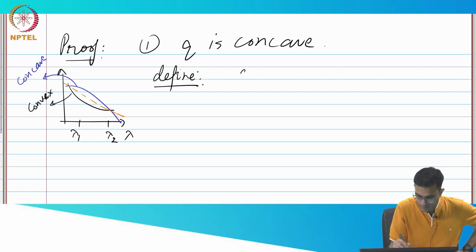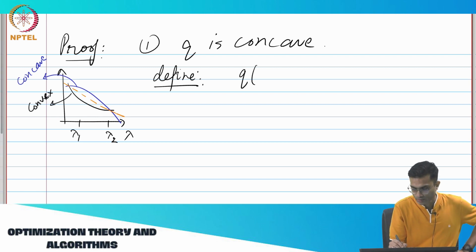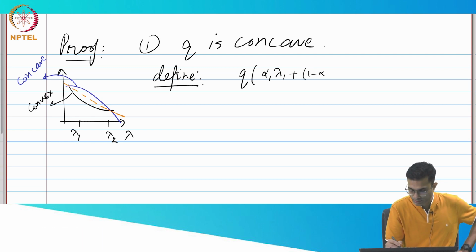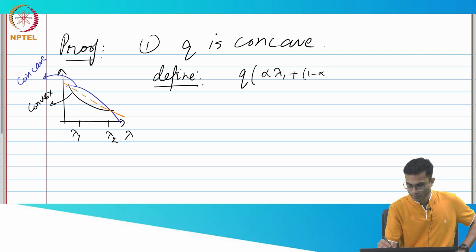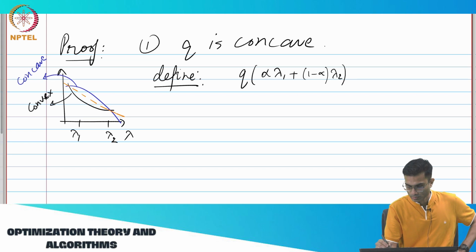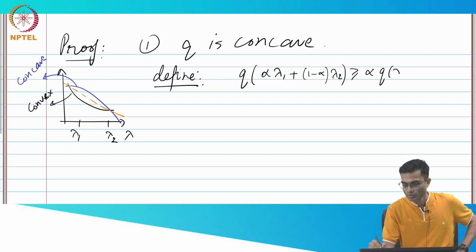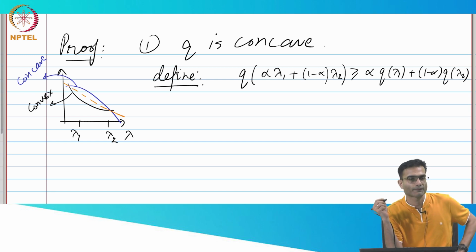So it would be something like, if I take q of alpha lambda 1 plus 1 minus alpha lambda 2, this should be greater than or equal to alpha times q of lambda 1 plus 1 minus alpha times q of lambda 2, right?